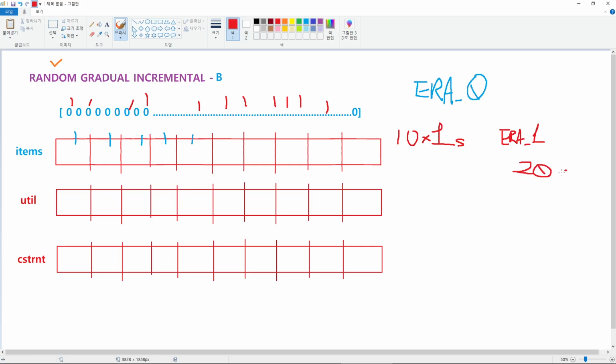So now we have 20 ones. In the very next era, era 2, or the third era, we come back again to the 100 zeros, and then we choose 30 genes to be activated or flip to ones.